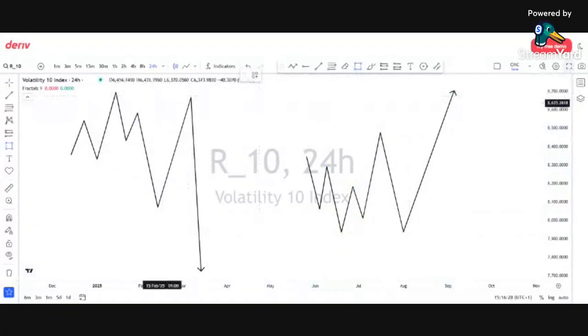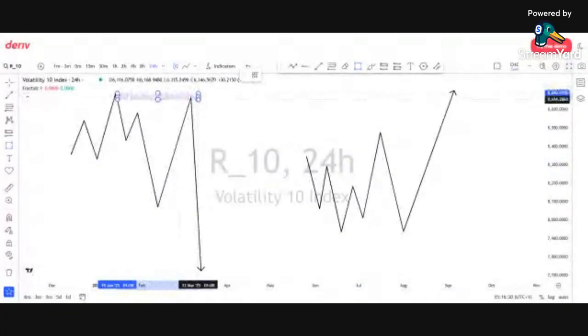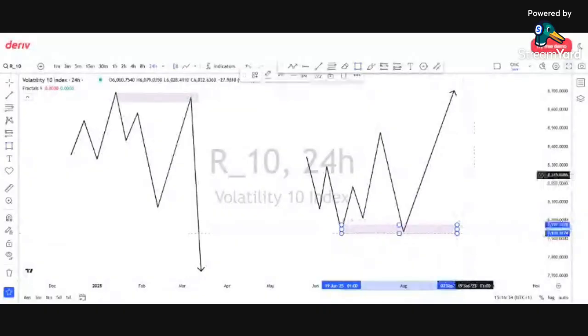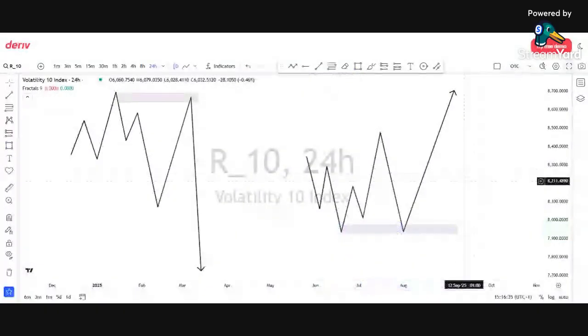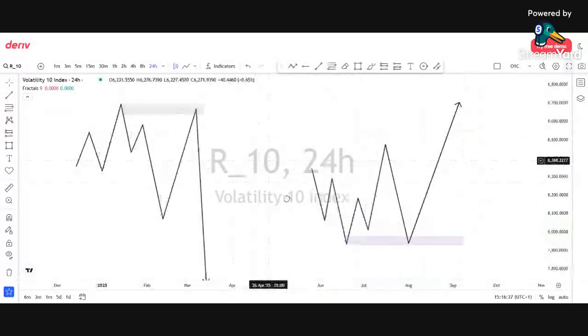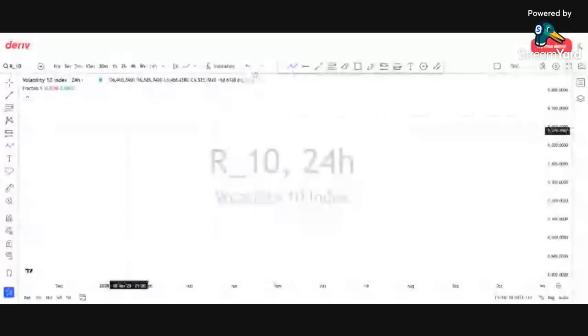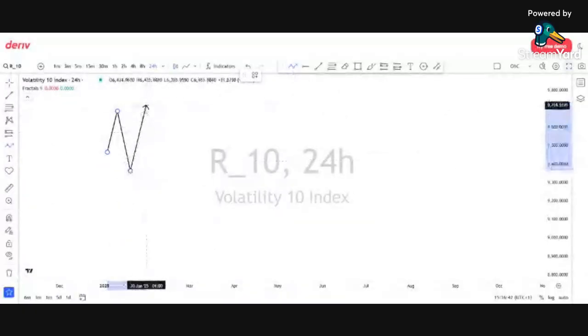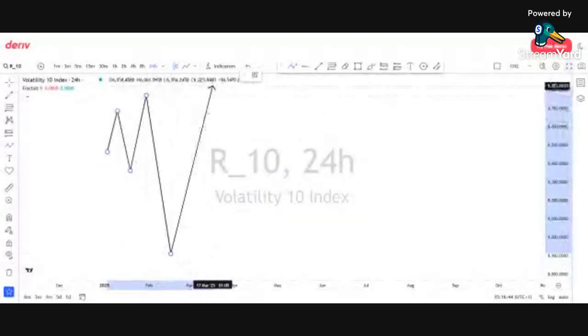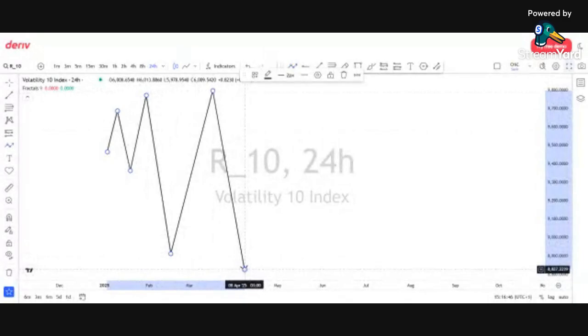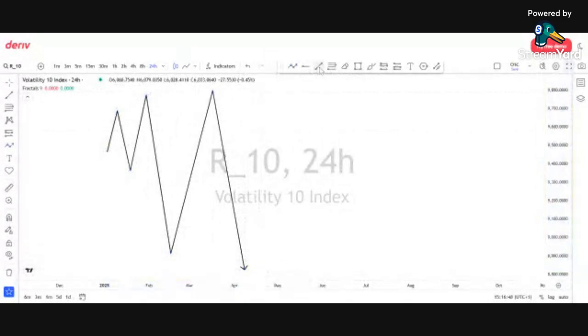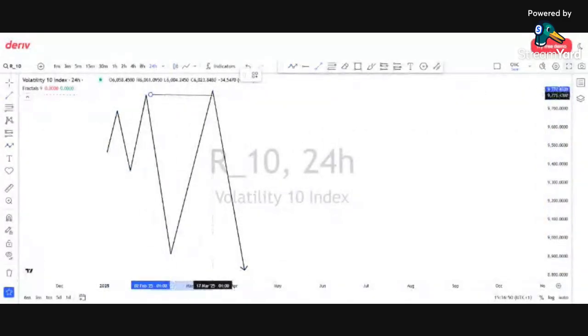So this is the type 2. Another type is where there is no structural liquidity. Sweep of a high, then price comes back, induces it, takes it out. This is all called an inducement liquidity.